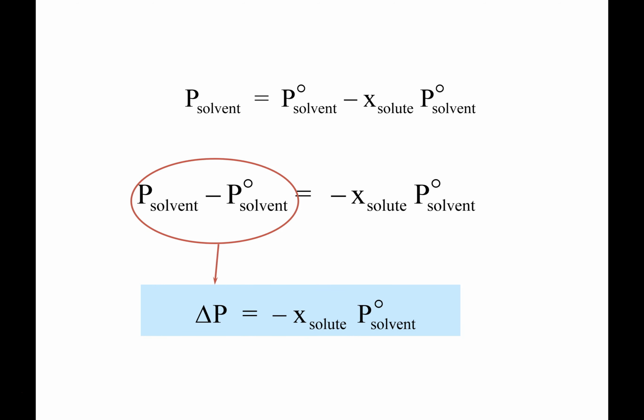So now we have another form, and this is actually the form you see there, and it can be helpful too. But keep your wits about you, and notice the subscripts here. This is saying that your equilibrium vapor pressure lowering will be equal to the negative mole fraction of your solute times the pressure of your solvent in its pure state.